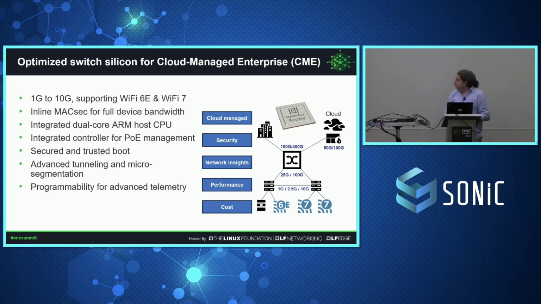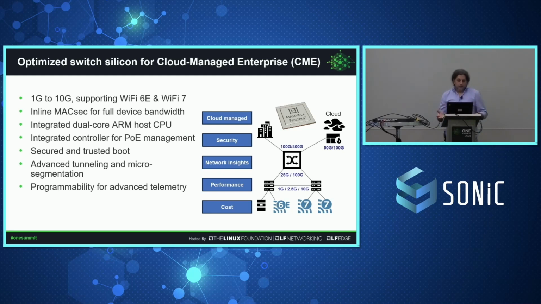This can be used for IP cameras, for example, where you want to encrypt the data because it's private. So that's also supported. It has an integrated dual-core ARM CPU, which is used to run SONiC based on the ARM platform. It has an integrated controller in order to run the PoE firmware, managing the PoE power.